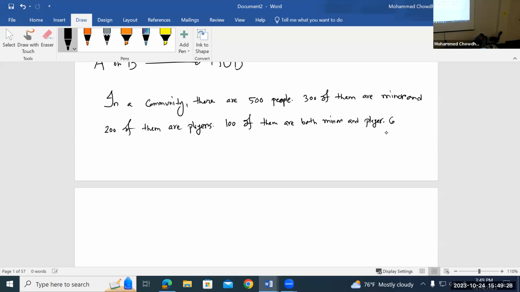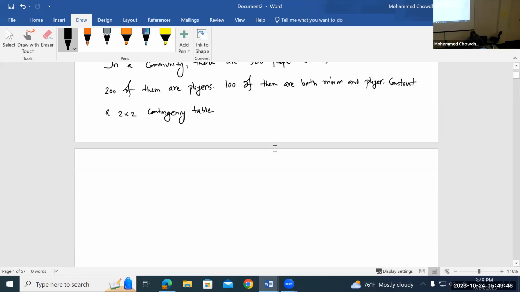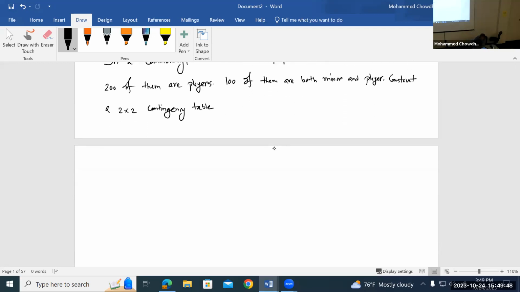Construct a 2x2 contingency table and compute the following probabilities.